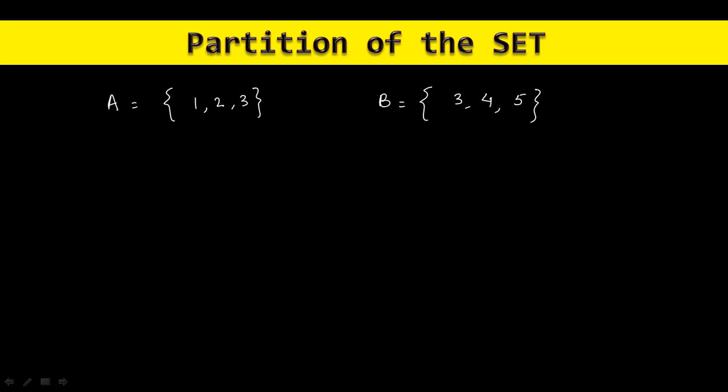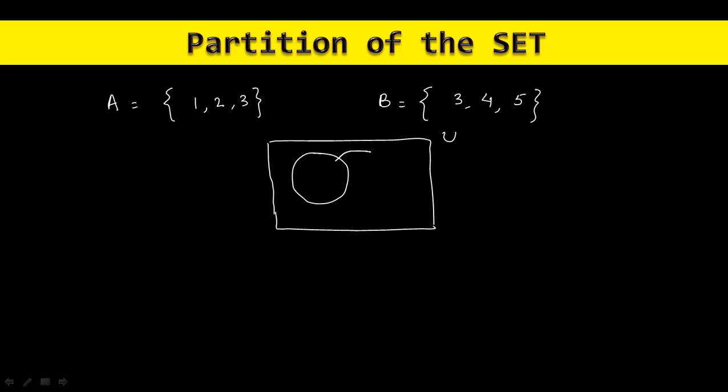Let's represent these elements using Venn diagram. This one is universal set. This one is set A. And what about this one? This one is set B.